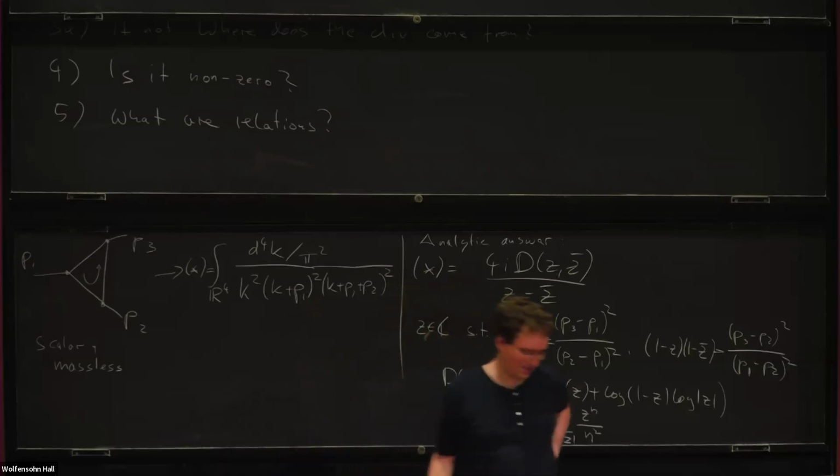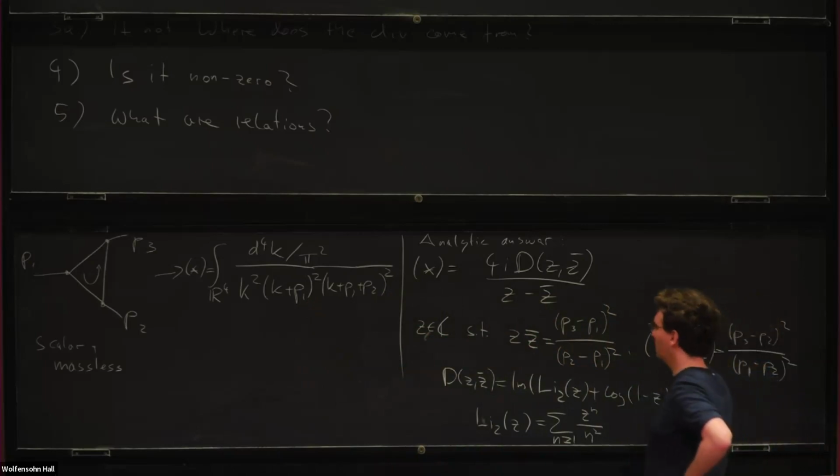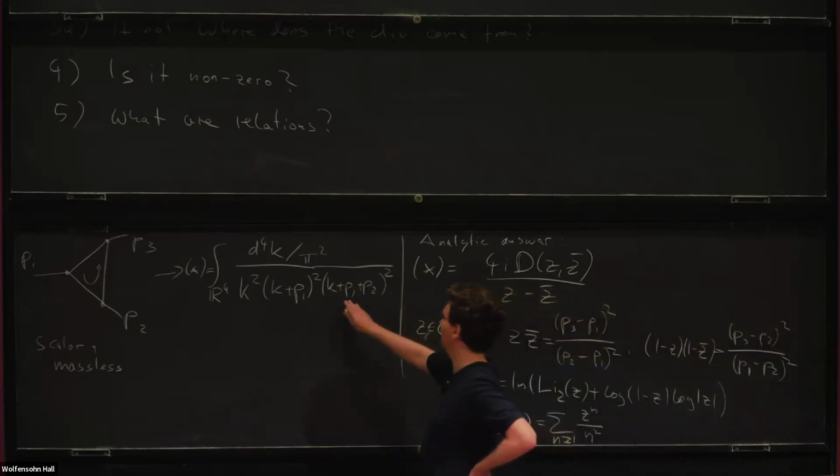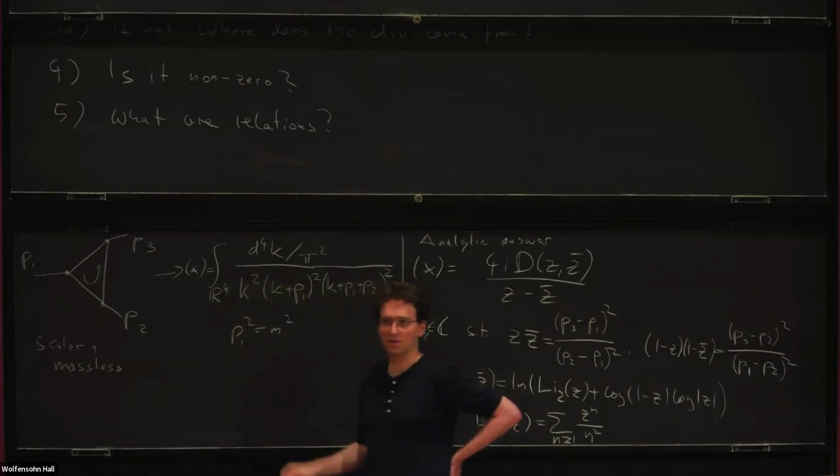Okay, that's for the massless and on-shell case. Right, yes, so this is off shell. So one of the P squared has to be massive, at least one of them. Okay, thanks.